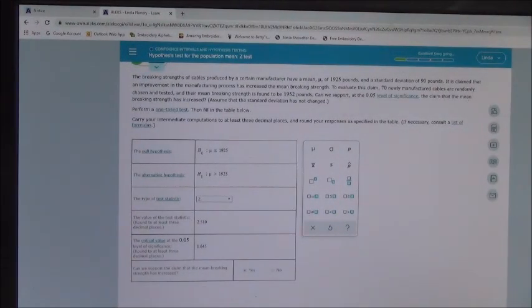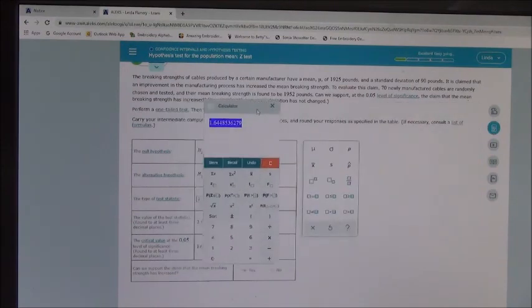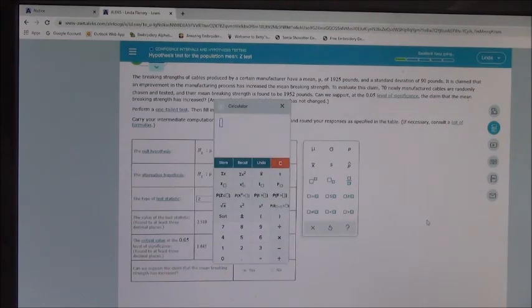If we are doing that on the Aleks calculator, I'm going to bring up my Aleks calculator here and clear that out of there. Again, when we use the Aleks calculator, if we want to do the area to the left, we're going to do negative Z sub.